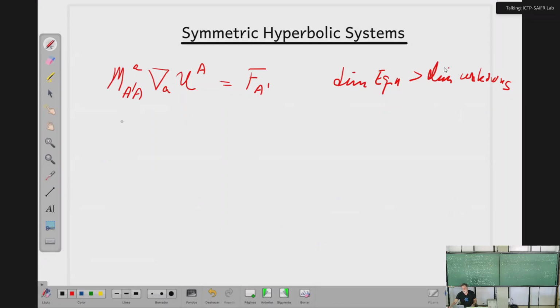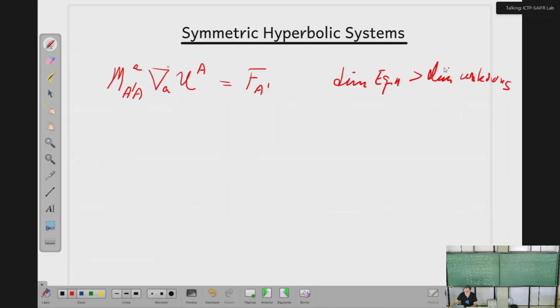There are also equations where we have gauge freedoms, and in that case we have more variables. We might have more variables than equations, and some kernels in the system, but these we will not do. They can be treated also, but we will not do here. Maybe we'll say something at the end if there is time. But there are many systems that come with constraints, for instance, electromagnetism. So it's good that we can treat them all on the same footing.